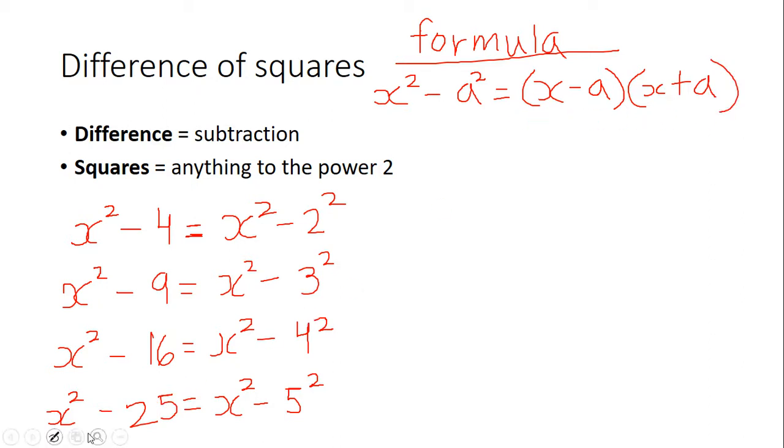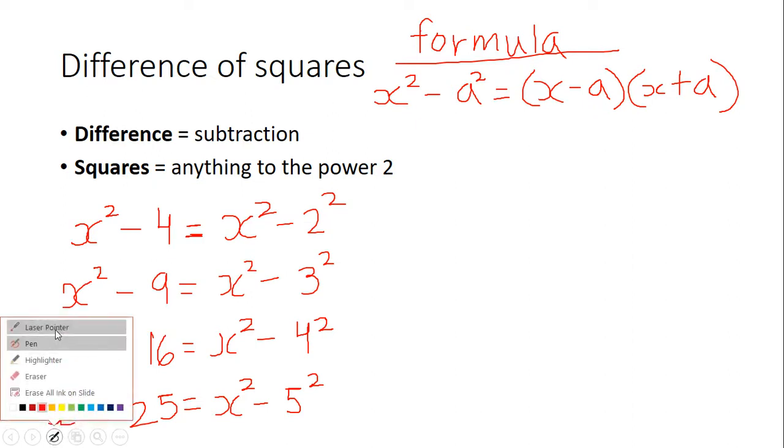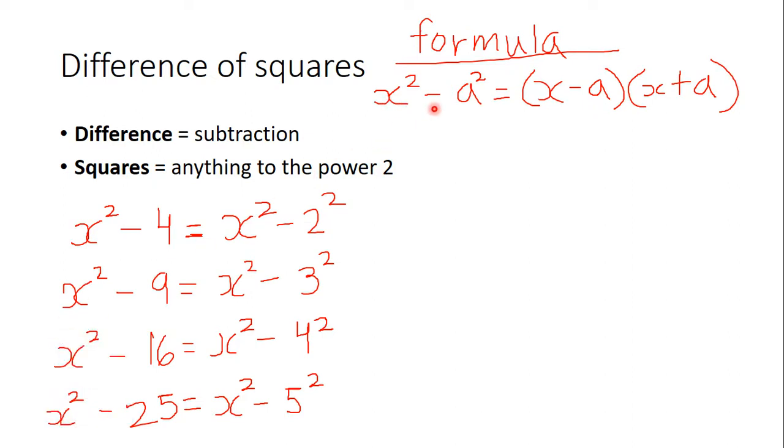So they're basically saying that if you have something like x squared minus a number squared, you could write it as x minus a times x plus a. And if we were to multiply this side out, you would see that it equals exactly this. So that's the formula. Let's apply it.